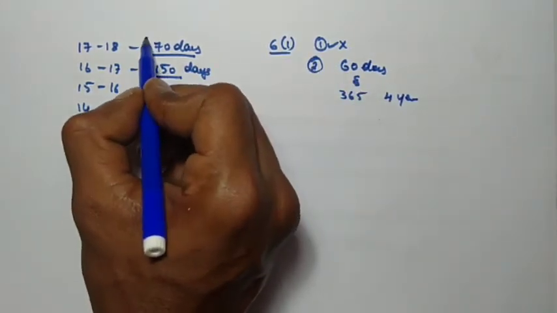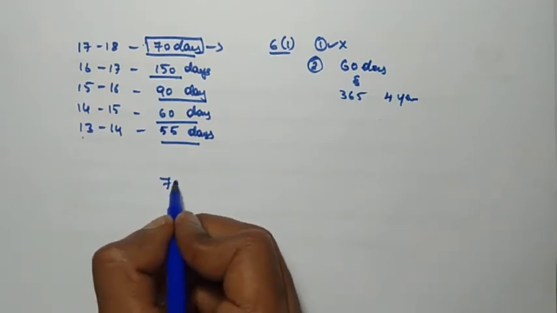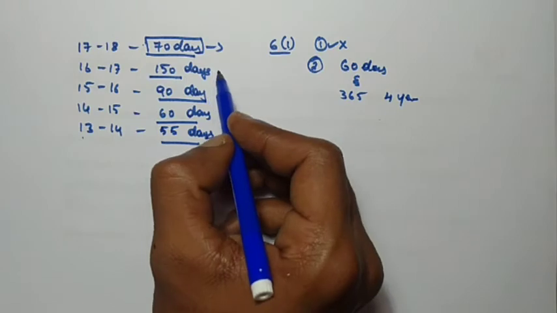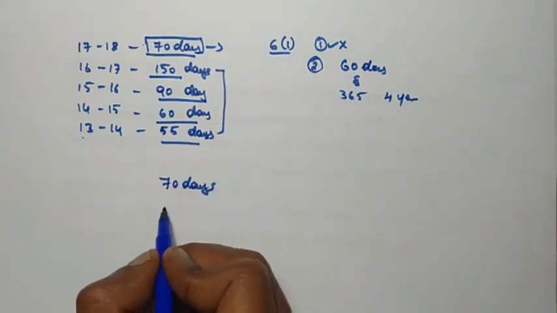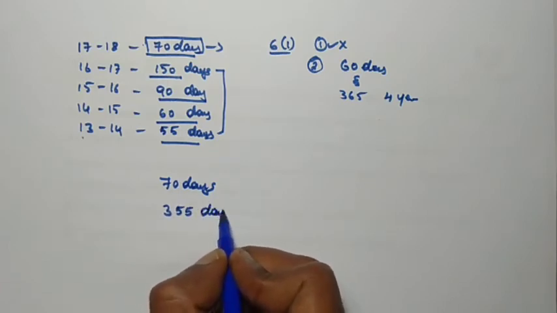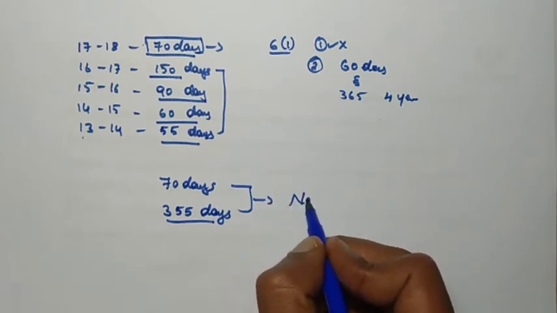In the relevant previous year he stays for 70 days and in the preceding 4 years he stays for 355 days. So he is non-resident.